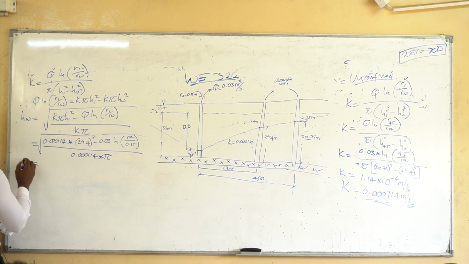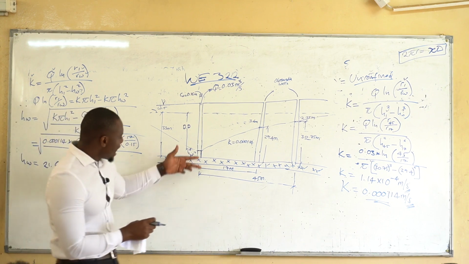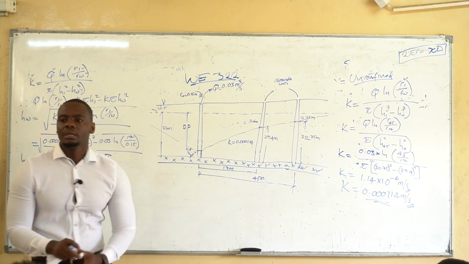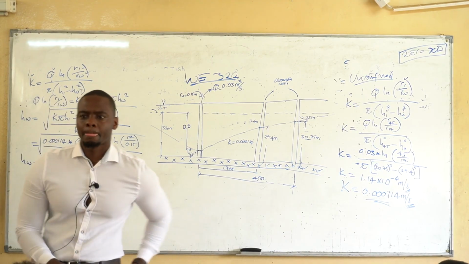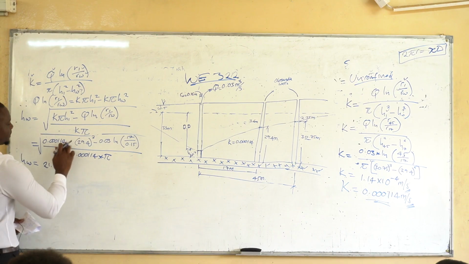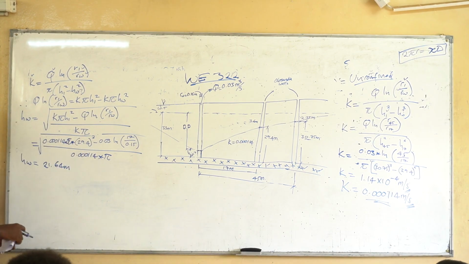So your HW is 21.64 meters. This is just how much water is left in the well. Yes, sir? I've missed the pi? You mean in writing it? Oh yes, thank you. So pi, okay, thank you for that.